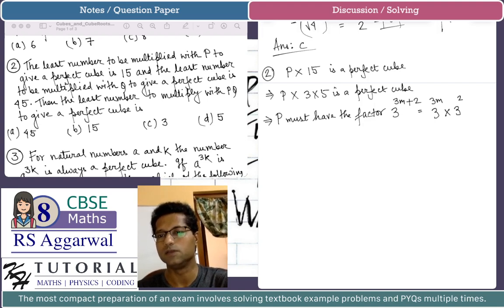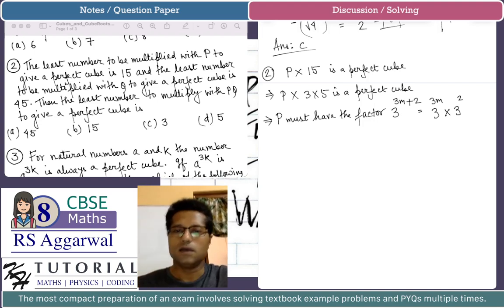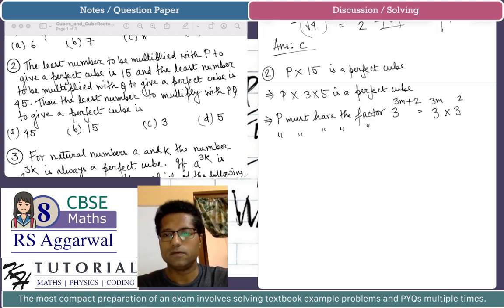When we multiply 3 with 3 to the power 3m multiplied by 3 square, the 3 square and 3 will make another triplet, and then it will be a perfect cube. So p must have the factor 3 to the power 3m multiplied by 3 square, and similarly p must have the factor 5 to the power 3n plus 2, because we have to multiply 5 with p to make it a perfect cube.